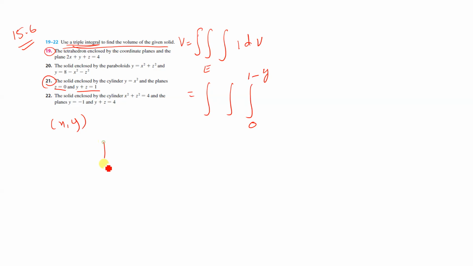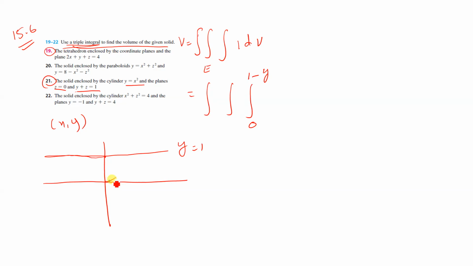For this, let's draw the region D on the xy plane. That is the projection of this solid on the xy plane, and that would be, when z is equal to 0, y is equal to 1. So this is the line y is equal to 1, and y is equal to x square.